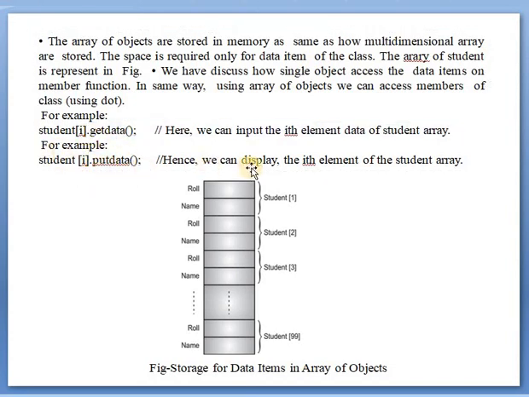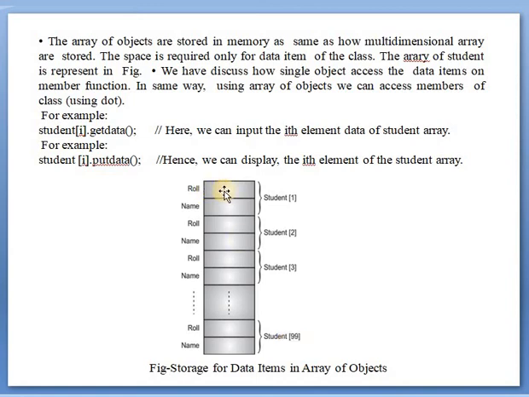See here, put data: we can display the ith element of the student array. Suppose you want to display the information of the 15th student, we write student of 15 dot put data. So this is the figure of storage for data items in the array of objects. Here there are 100 objects.